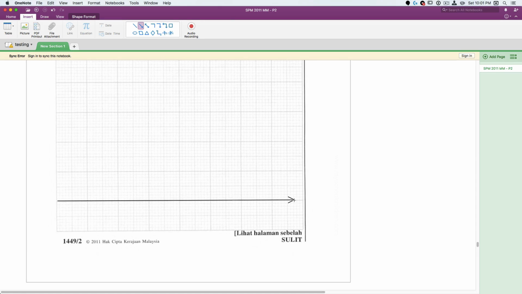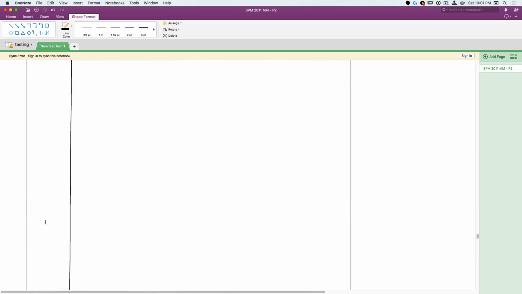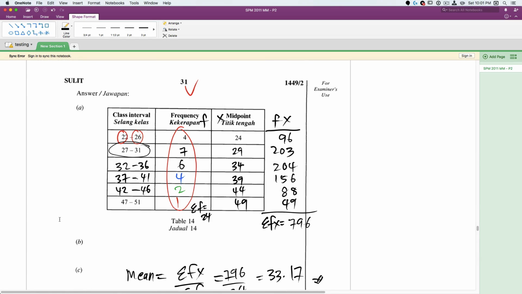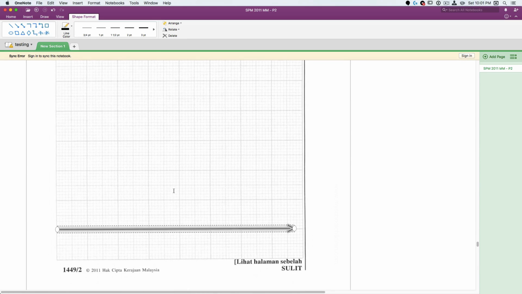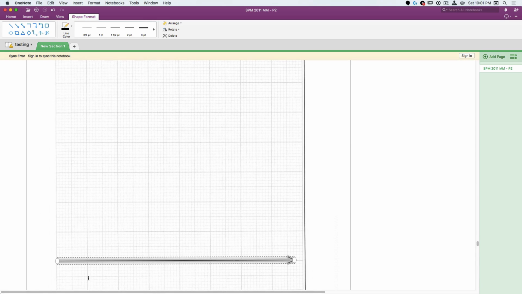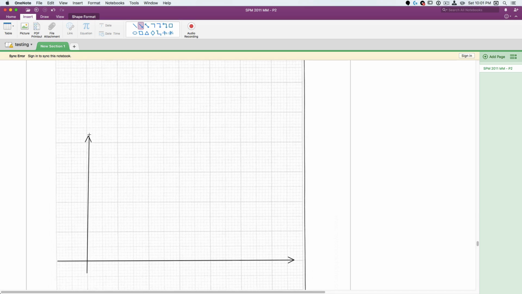Let me just do like this. And then the vertical one, how many do I have? Let me see: 1, 2, 3, 4, 5, 6. I need to have 6. Yeah, should be enough. Then I draw another one, we just insert this one, make it a bit higher.